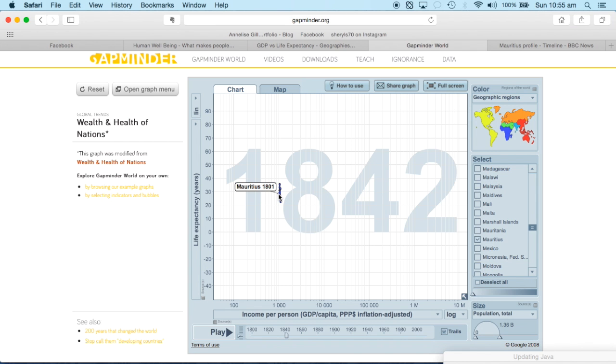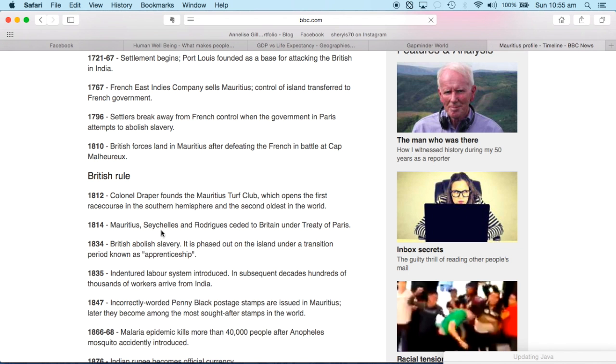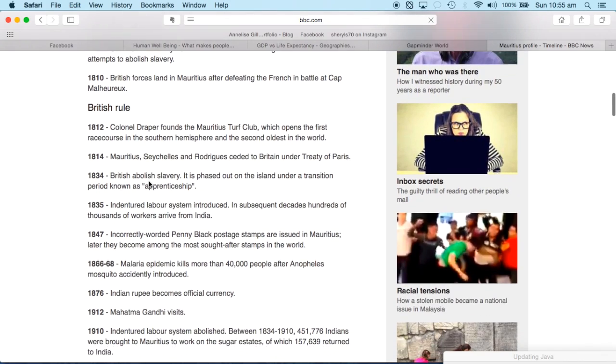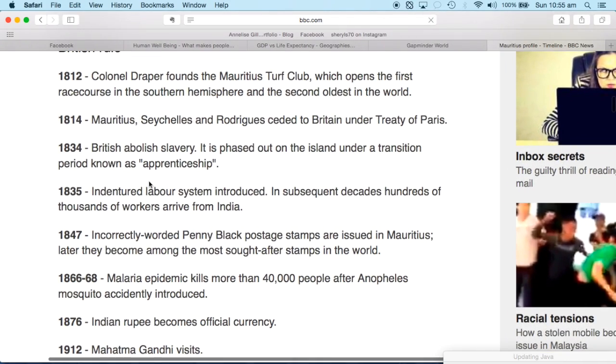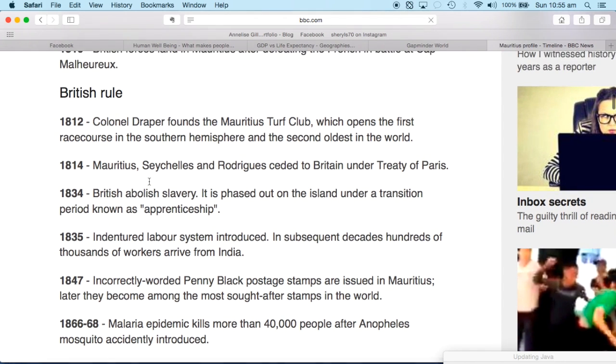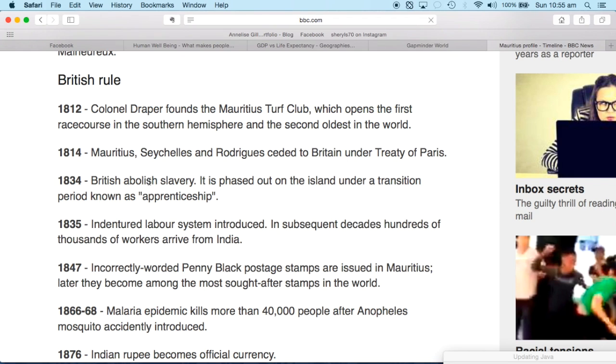Our records pretty much take off from 1801. Okay, so let's have a look down this timeline and see if there's anything there which might indicate a change in how long people are living. So I'm actually going to add that to my own timeline that I've started taking notes from before.